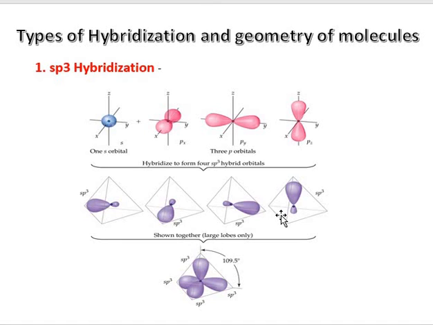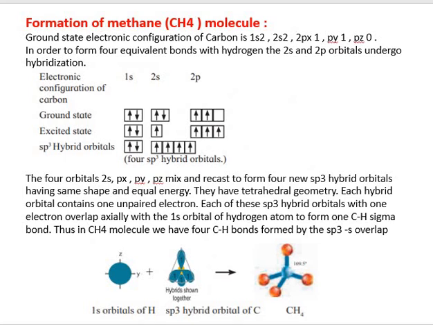Now four hybrid orbitals are formed which have equivalent energy and shape. They have one large lobe and one small lobe, as you are seeing in the diagram here, and they are at an angle of 109 degrees 28 minutes to each other in space. They form the tetrahedral geometry, and we will learn the example for sp3, which is methane.